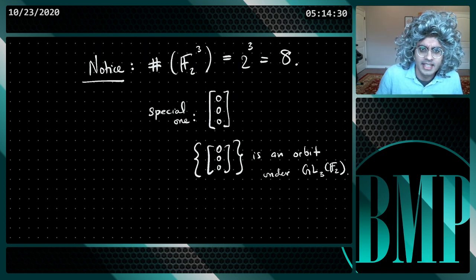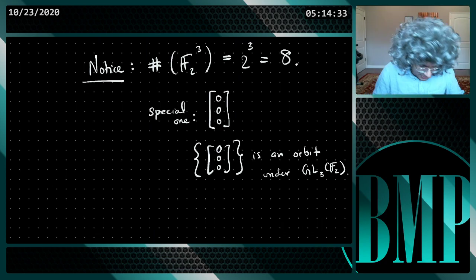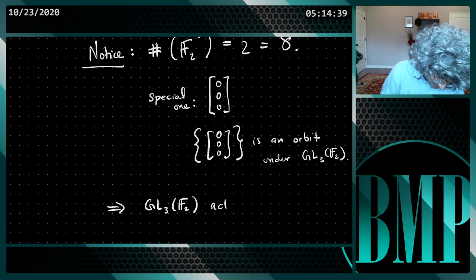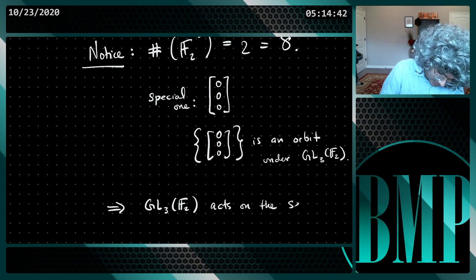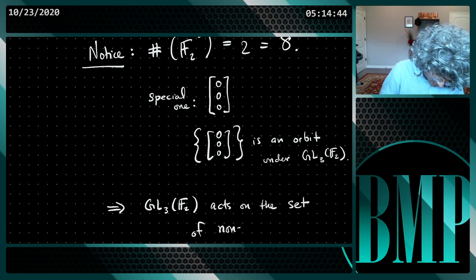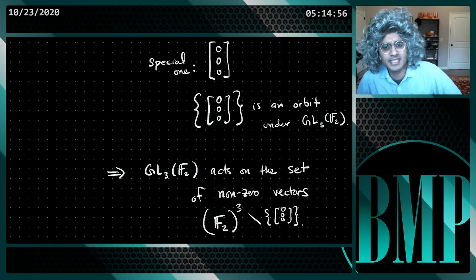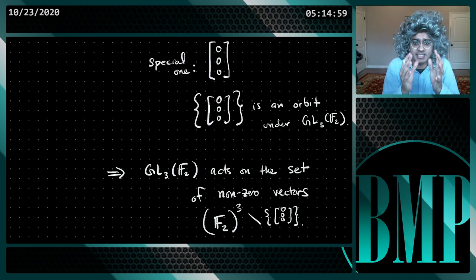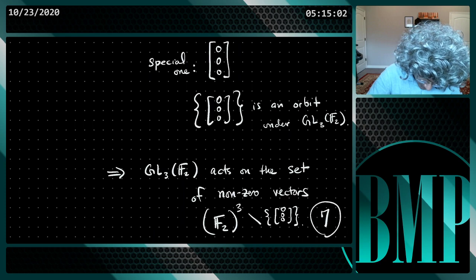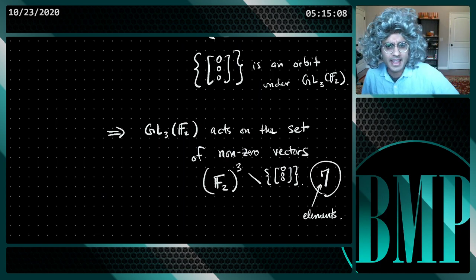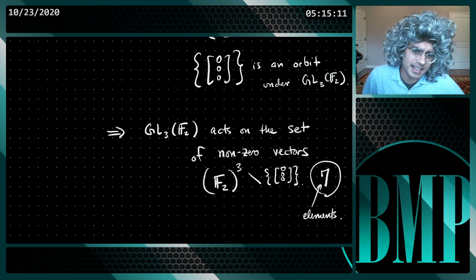So that means the matrices act on the set of non-zero vectors, which is a set of size 7. And in fact, it acts transitively.